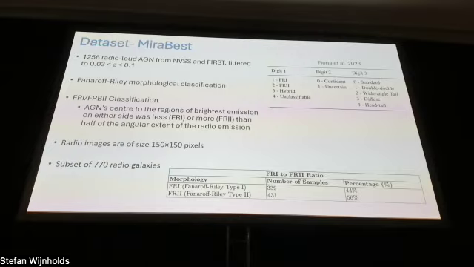So it's classified into 4 types of galaxies, which is FR1 and FR2, which is basically defined by the region from the center of the AGN. If the galaxy is located less than half angular size, it's classified as FR1, or else it is classified as FR2 galaxy.